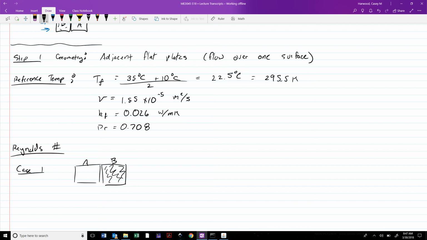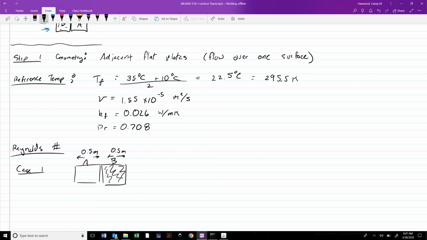Once it's crossed, what are you getting for that critical x value? So 0.5 meters long each.